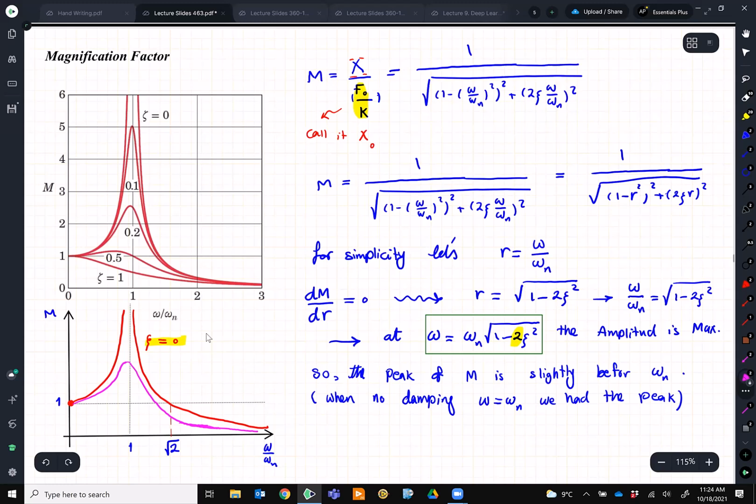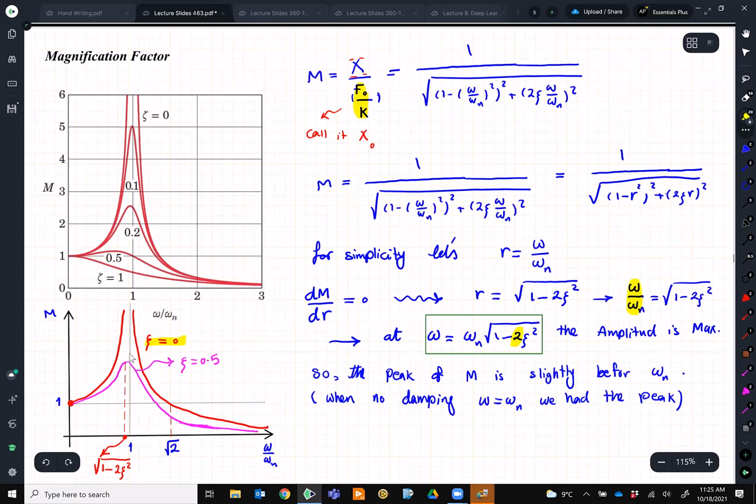So this is just for an arbitrary number. Let's say zeta equal to 0.5. And we need to pay attention that the maximum happens slightly before that. So this is where the maximum happens, and that number is not 1, it is square root of 1 minus 2 zeta squared, right? Here we found that omega over omega n equal to square root of 1 minus 2 zeta squared gives us the peak, and that's where the peak happens.